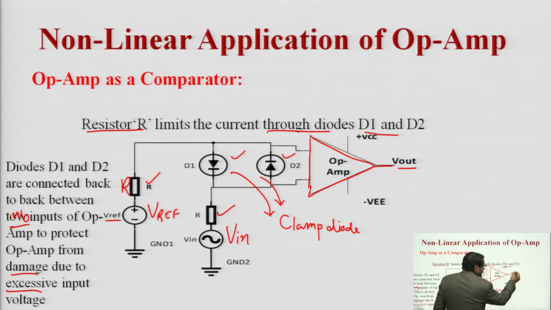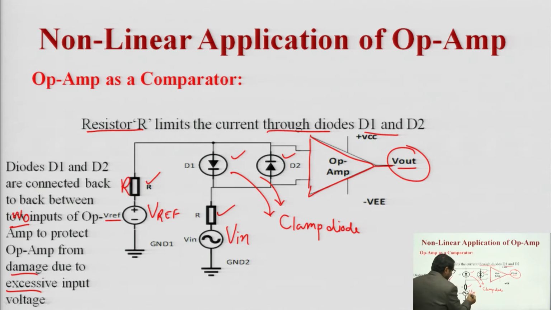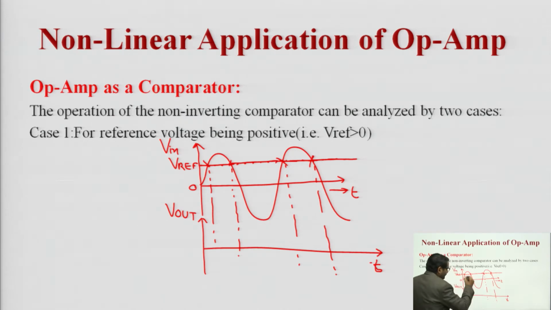Here is V out, and we take the input V in and the reference voltage V reference. For comparison we consider these two regions where we shaded the sine wave.